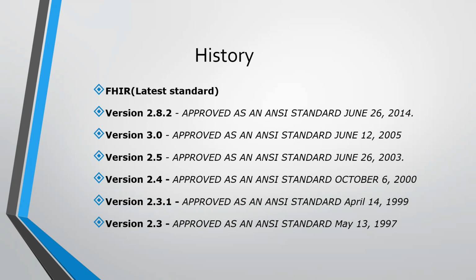And the second reason they did not upgrade to 3.0 is that it is very complicated. Version 2.x can be understood even by doctors, even if they take a deeper look at it. But when you see 3.0, it is a completely revamped or completely changed message structure altogether, which is complicated and not very much welcomed by the industry.